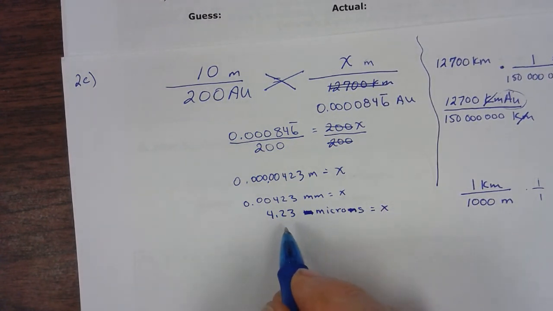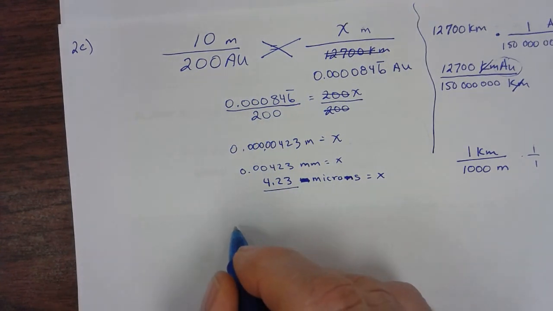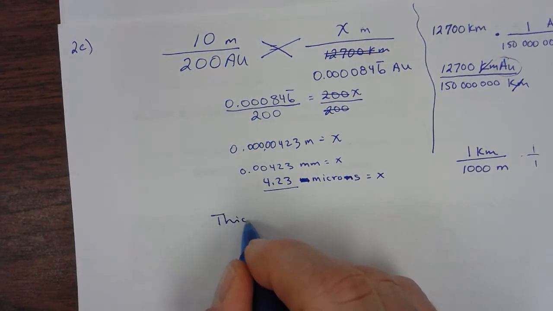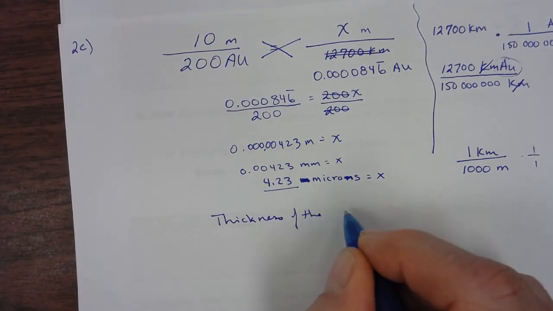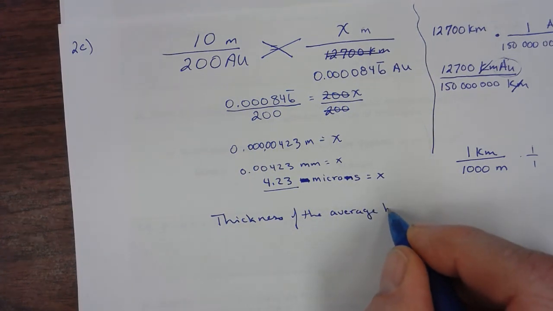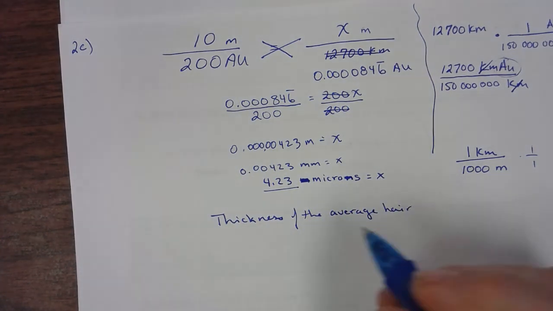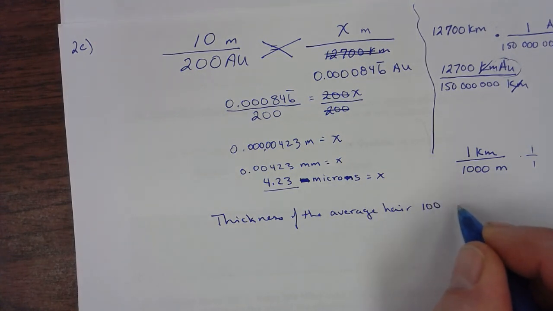So what is a micron? Well, to give you an idea, this is extremely small. The thickness of the average hair on your head is about 100 microns in diameter.